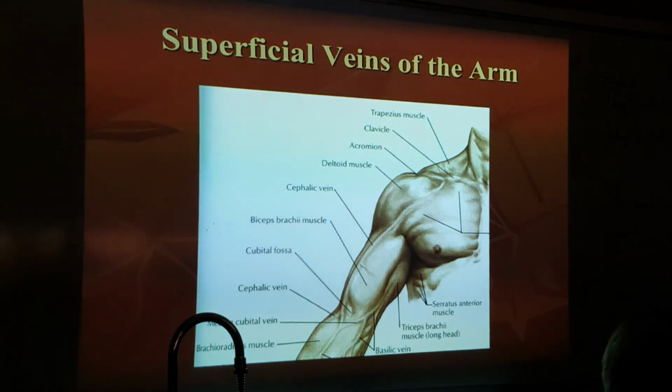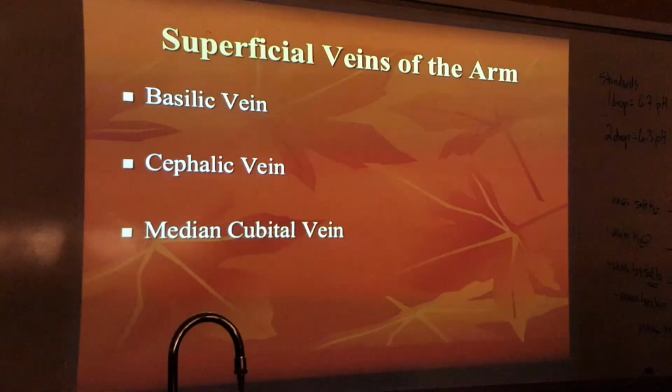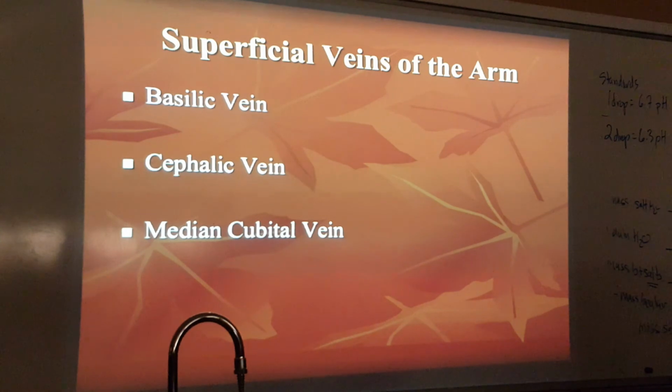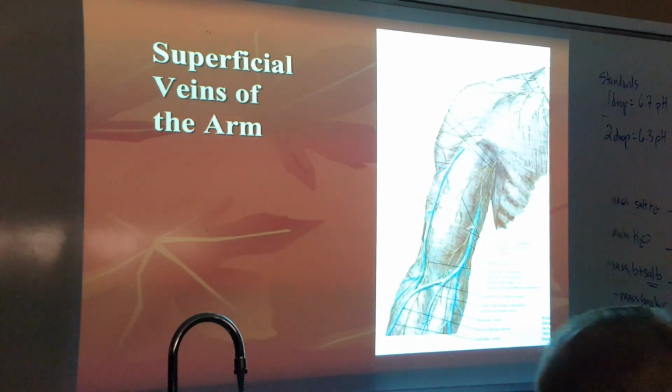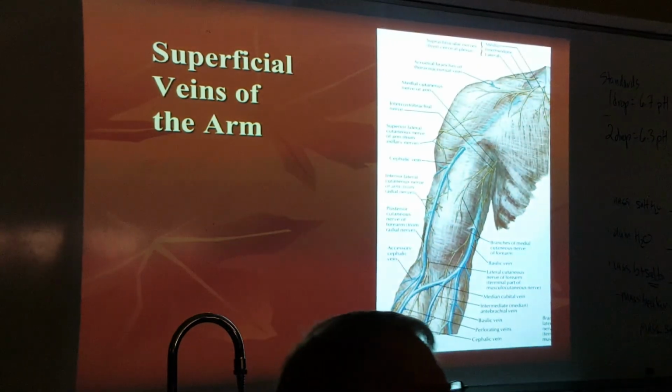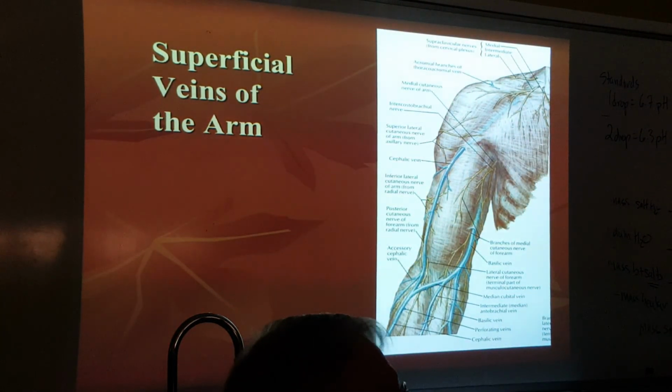Most commonly I say, because some people are hard to get blood out of. Okay, so those are the three superficial veins I want you to know. The only deep veins we'll learn are great big ones. People have very different branching patterns for veins, on an individual basis.